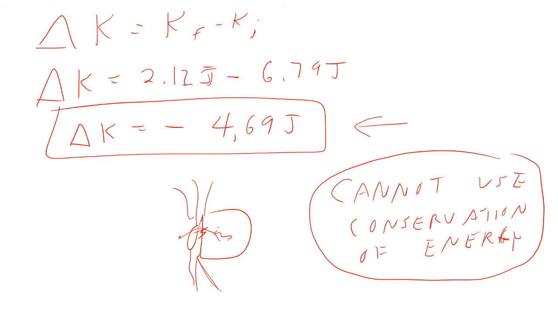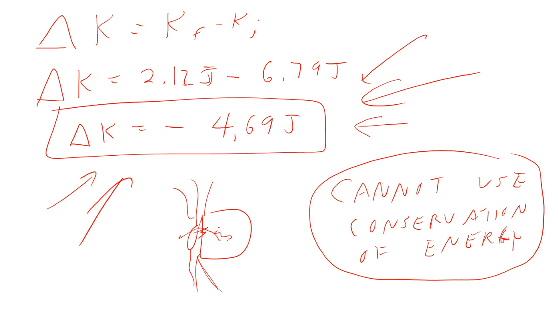Okay, now that's a very important statement right here, because frequently in a collision problem, students are just programmed, I don't know if it's from high school or what, to use conservation of energy to solve the problem, but it will not give you the right answer because mechanical energy is not conserved in this problem.